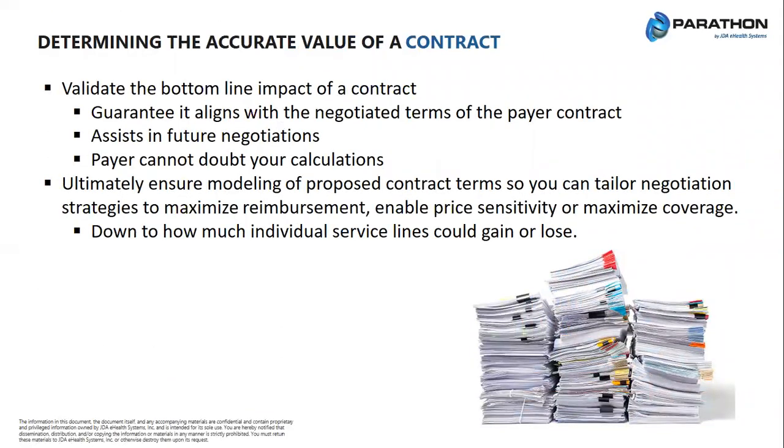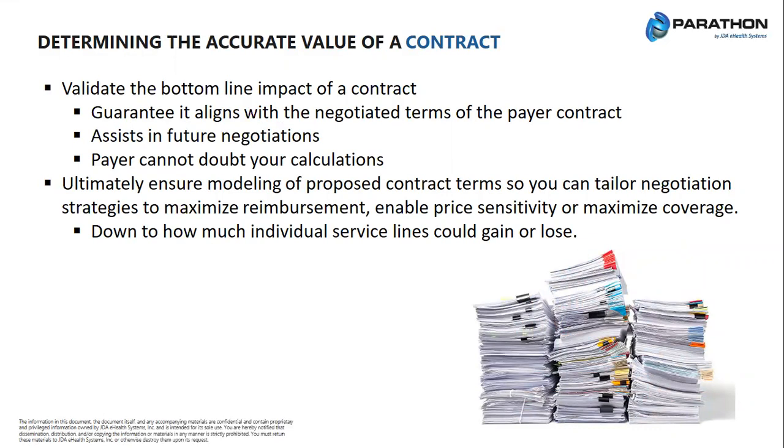So to start, when you look at a hospital or physician group and you're looking to increase revenue via contract modeling, you need to validate the bottom line impact of the contract first. You have to be absolutely certain it aligns with the negotiated terms of the payer contract and will assist with future negotiations.